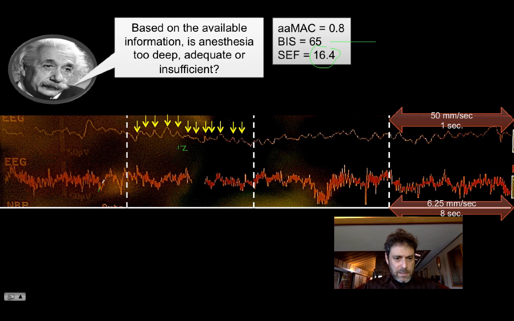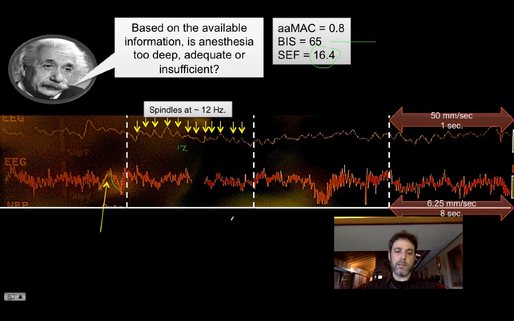I can see some delta waves there, but maybe not the most prominent delta pattern that you could wish for. So, maybe anesthesia is slightly on the light side. I think it's certainly consistent with general anesthesia, but something we could keep an eye on.